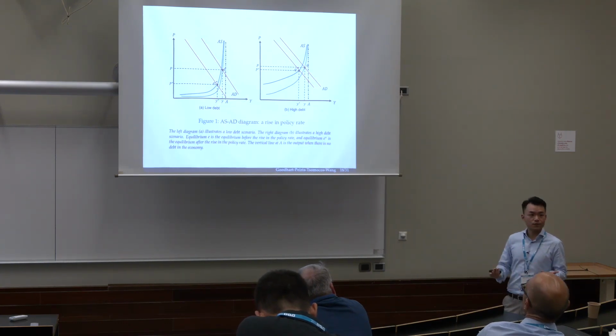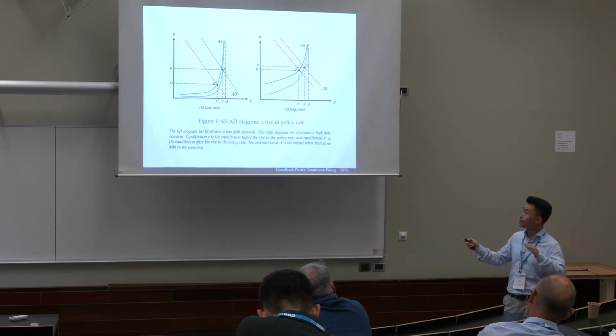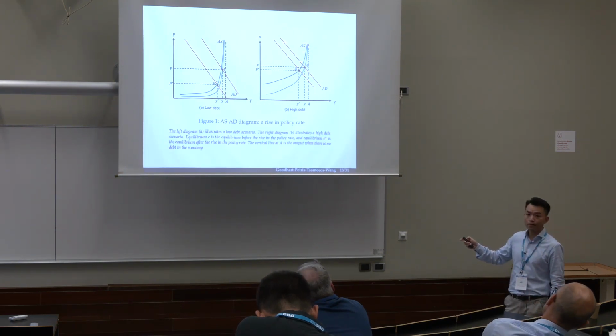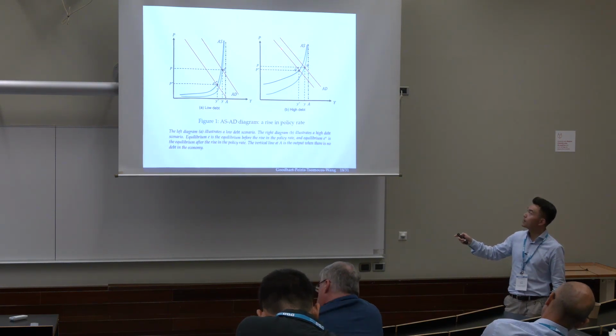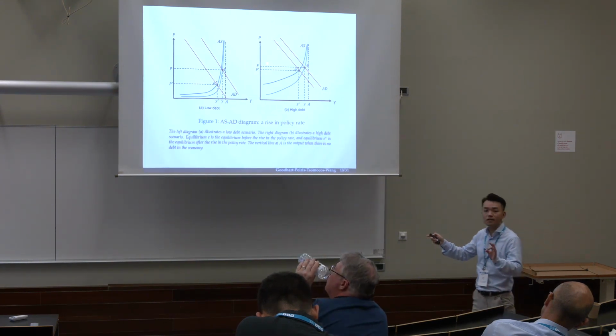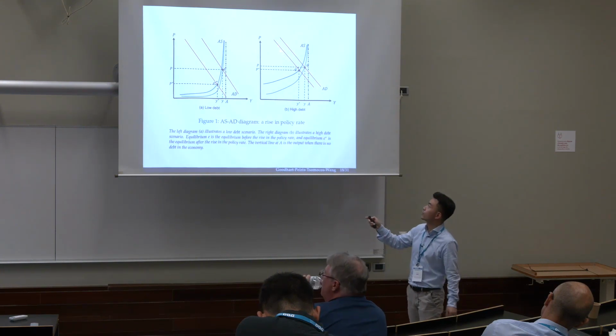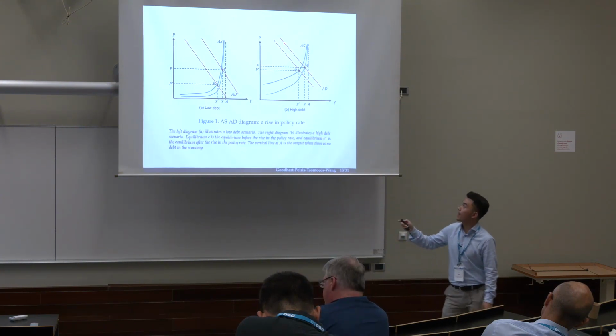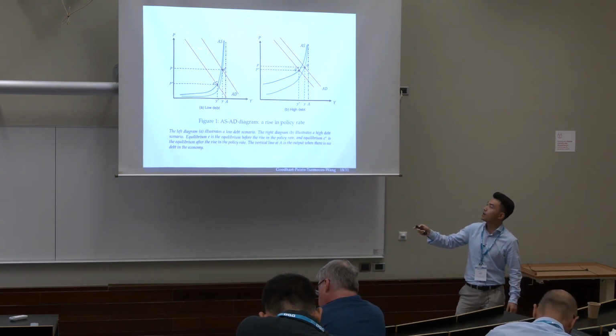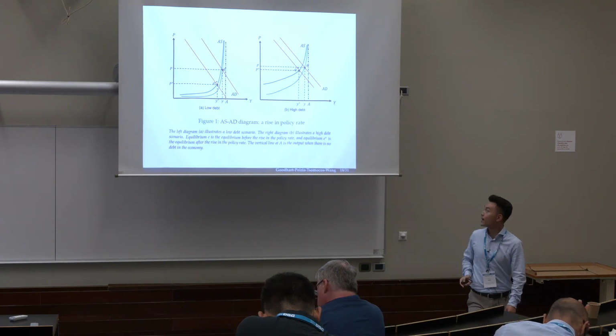Now, let's move to a high debt scenario. When the corporate debt is high, as I have just shown you, the AS curve, due to more elastic labor supply, becomes flatter, and the AD curve, after monetary contraction, also moves to the left. But because of the income effect through debt, there's an upward pressure on AD, so that's why the action in the AD curve is smaller than in the low debt scenario.